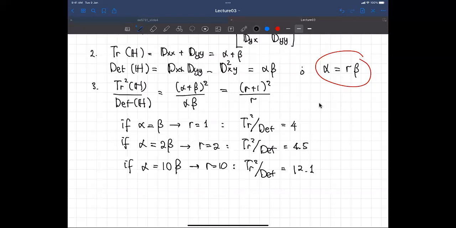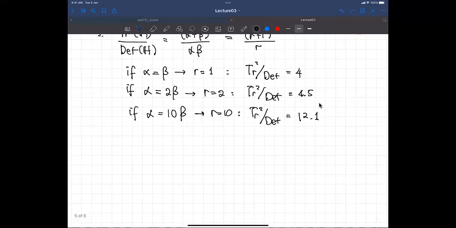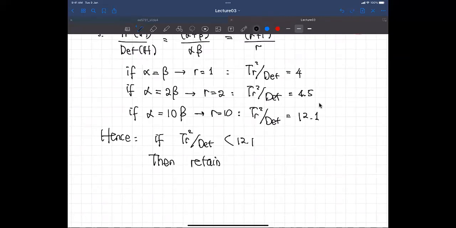So this is the idea here. Of course, this is again based on human observation. Hence, if the threshold, the trace squared divided by determinant, is smaller than 12.1, then retain. Otherwise, reject.